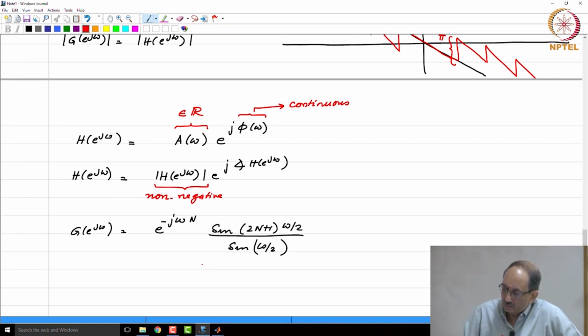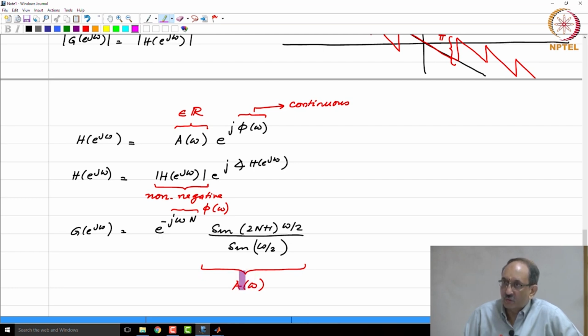In the modified representation of the frequency response, this is A of omega, and this happens to be phi of omega, and the difference is A of omega, as I had mentioned, is now a real valued function.